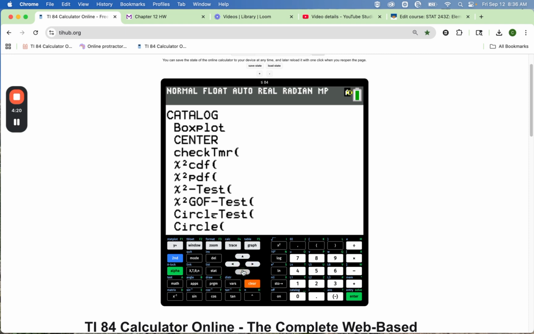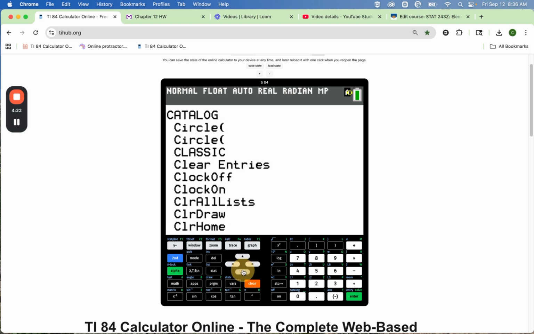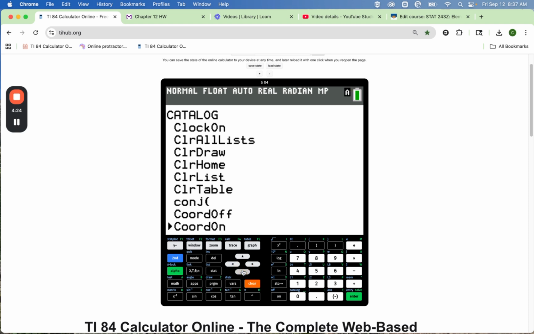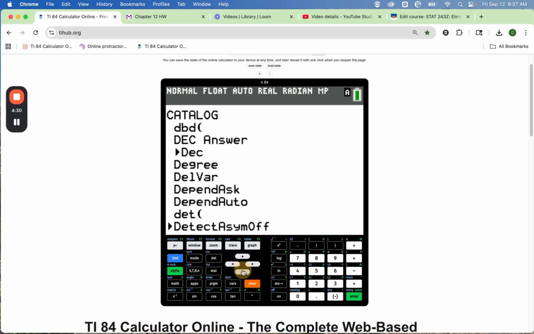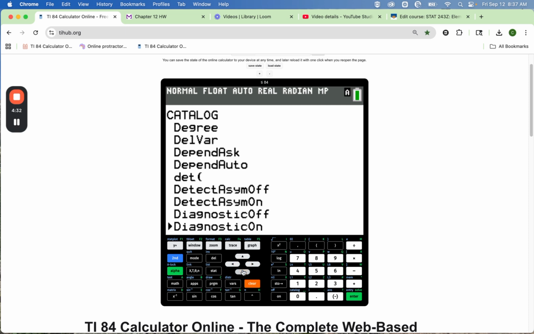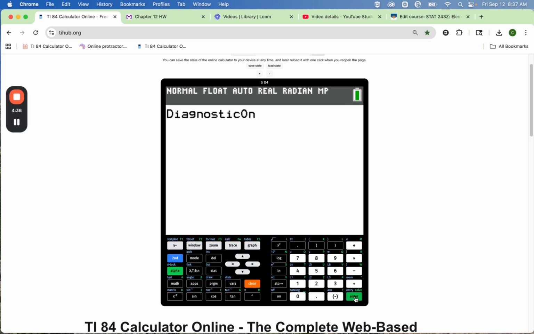So keep hitting your down arrow until you see the entry that says DiagnosticOn from your catalog. So here we go. Getting close. There you go, DiagnosticOn right there. Hit enter and hit enter one more time and it's just going to say done.